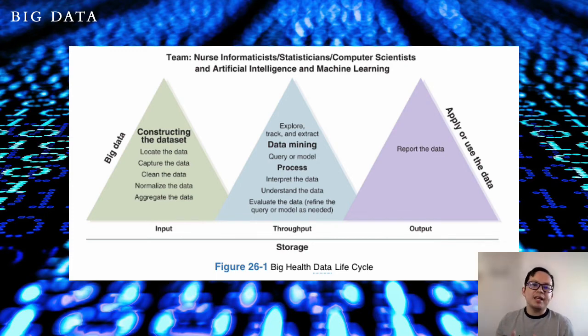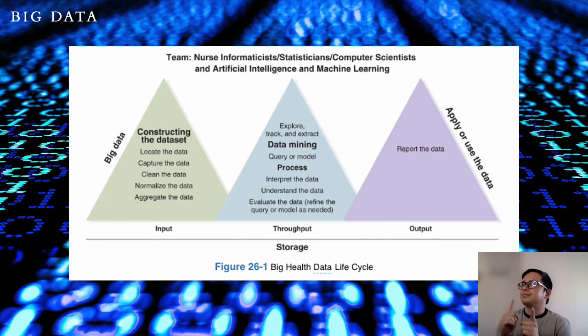Okay, data mining occurs during the throughput, in the middle of the data processing cycle. The figure in the slide right here shows the path that data travel and how they are processed or transformed, from locating and capturing the data, to interpreting and understanding the data, to the reporting and ultimate use of application in the information.